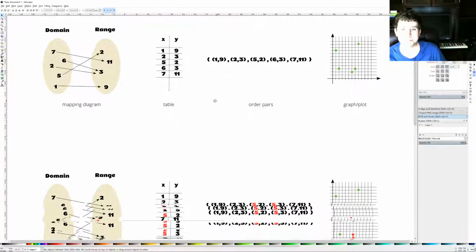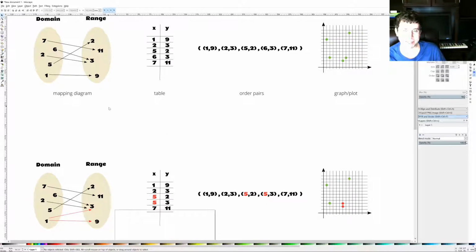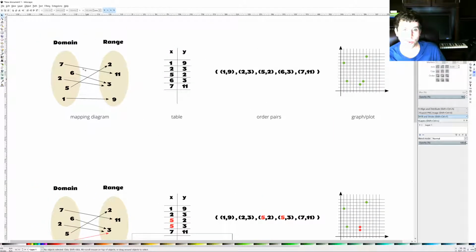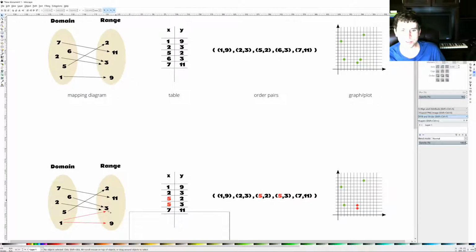On the left with the mapping diagram, before we had a function, and now we don't. I'm showing you the thing that the first questions you might see will ask you to notice, so that you know that that's not a function. I've highlighted that in red.